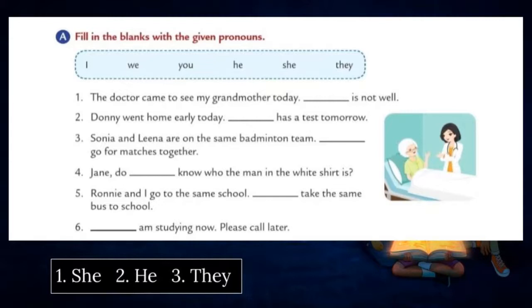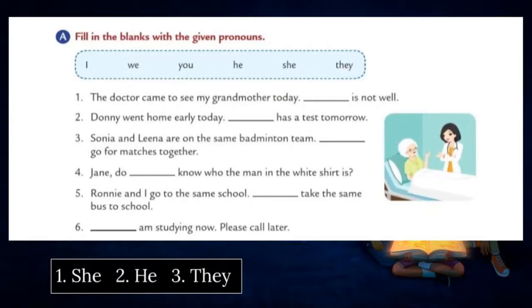Okay, what is the pronoun for female? Yes, you're right. The pronoun for female is she. So the first answer is she, because we used she for grandmother. The doctor came to see my grandmother today. She is not well.